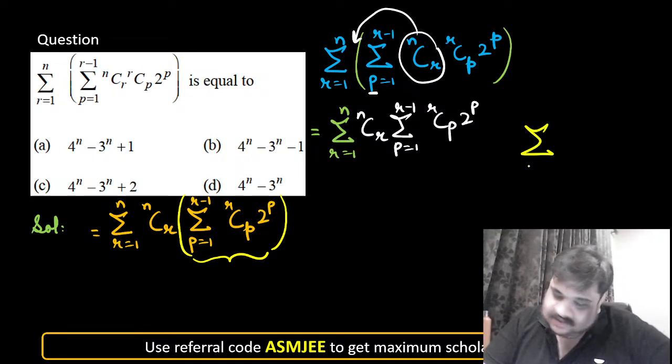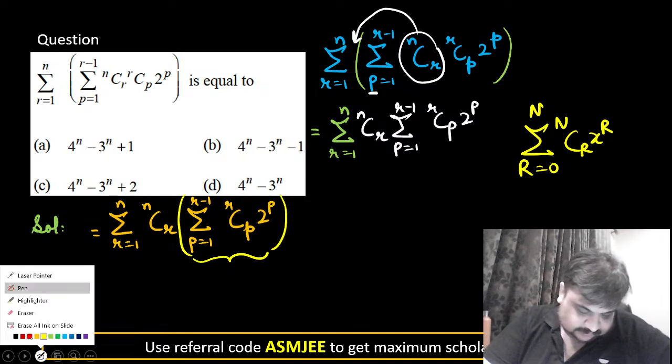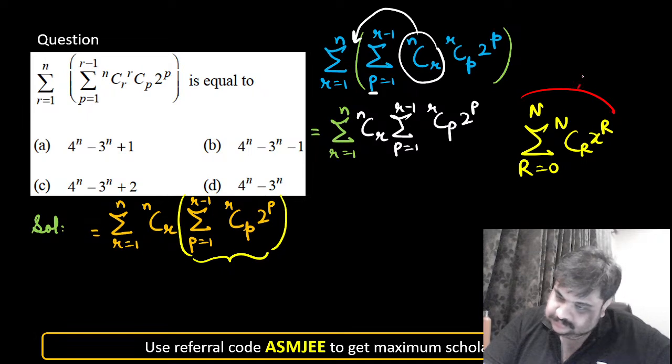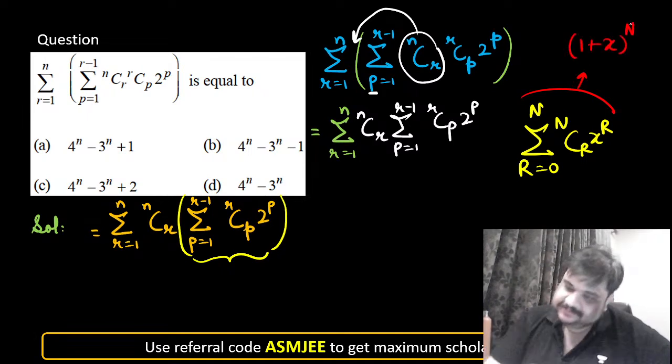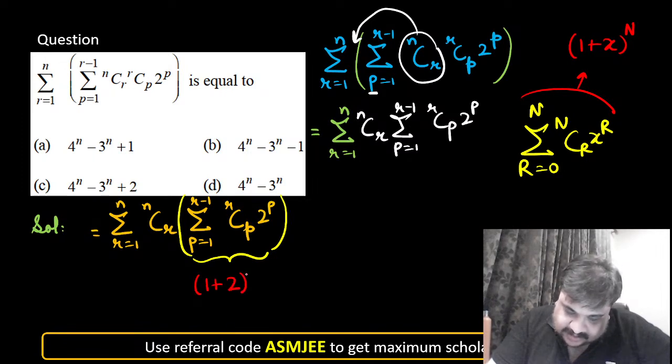You know this, na? Summation r equal to 0 to n, nCr x raised per r, it is 1 plus x raised per capital N. But it starts from 1, goes to r minus 1, so it should be 1 plus 2 raised per r, but there are some missing terms.